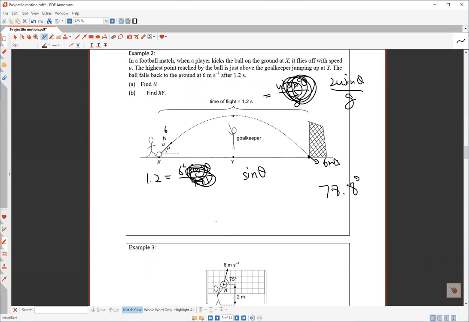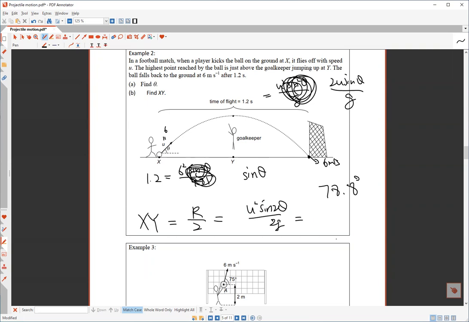I don't know. So for the range, if you get the angle, for the range, okay, x is not the range. X is the half of the range. X is just half of the range. Why do I always get a different answer?